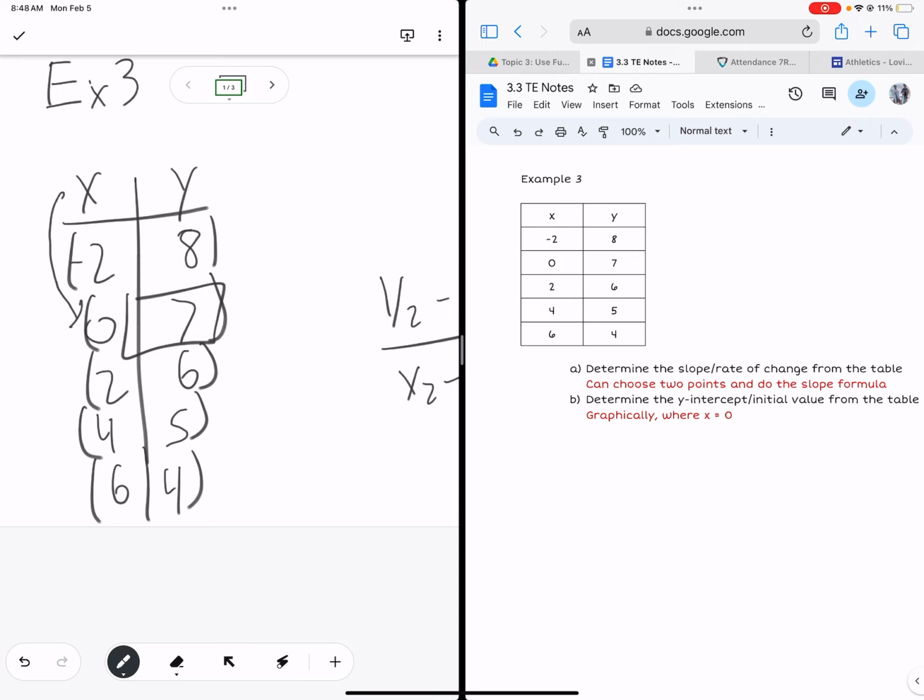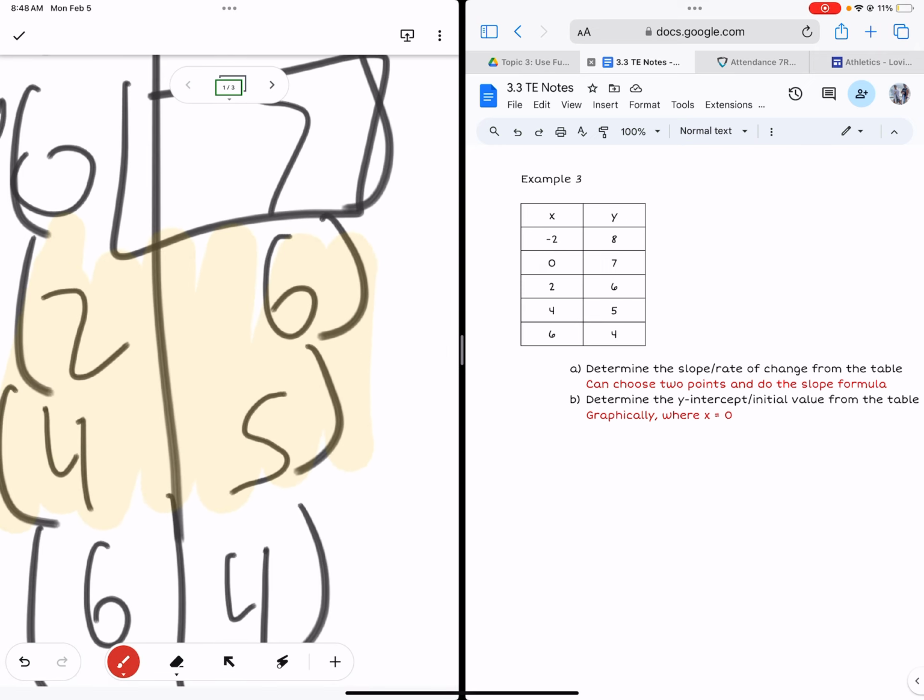So Josh, what 2 seems the easiest? 2, 6, and 4, 5. All right, so Josh is going to choose these 2 points right here, 2, 6, 4, 5. Josh, which one do you want to make your 1s? Which one do you want to make your 2s?